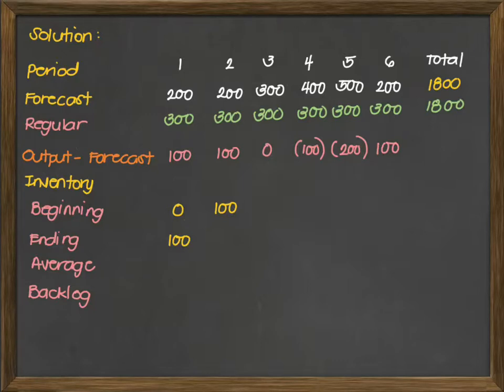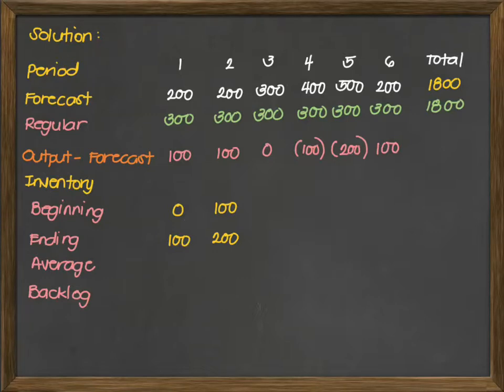So, dahil meron tayong existing 100 units of inventory, tapos meron pa ulit naging excess from that period, yung ating magiging ending inventory is just the sum of your actual beginning inventory and the excess production. So, 100 plus 100, magiging 200 na yung ating ending inventory. So, ito na yung running level of our inventory.